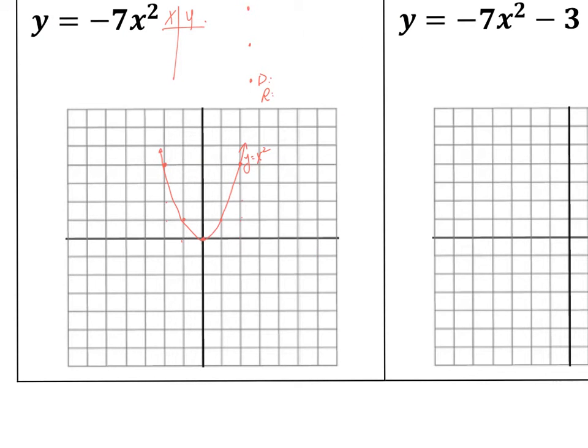Okay, to graph this one, what's different now is we have a negative sign to consider, and still 7 to keep things simple. So if I substitute 0 in here, y will still be 0. If I substitute -1 in for x, this will be +1 times -7 makes -7. And the same would happen if I substitute 1. I'll still get a -7.